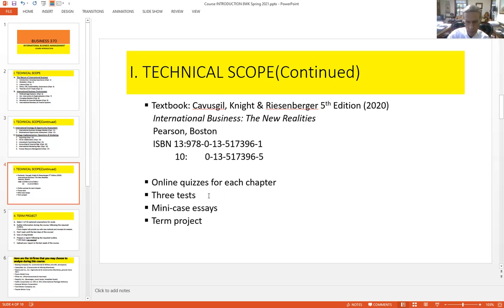They meet and they do the work together, and they present their cases together as teams at the end of a 16-week course. And of course, that's a lot longer than we have. So we can't do that kind of a project in this course.